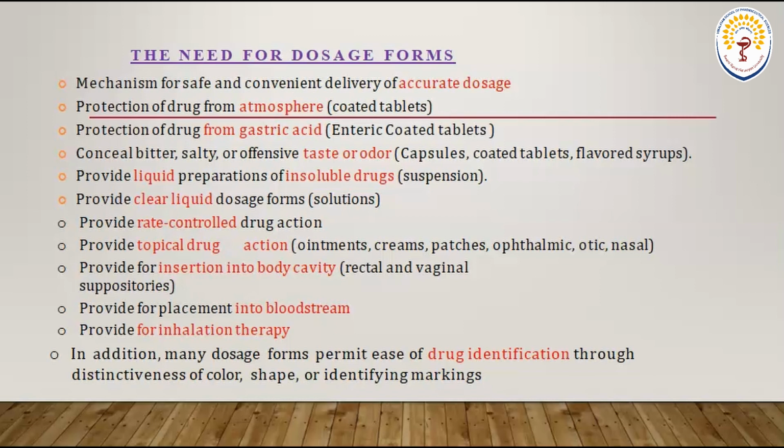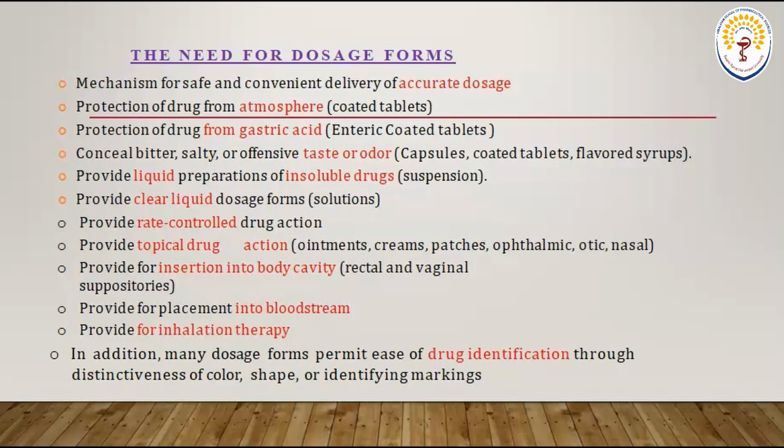Now the need for dosage form. At first, mechanism for safe and convenient delivery of accurate dose. By converting any drug into a suitable dosage form, we can give accurate dose to the patient according to their age and weight. Second, protection. Here, protection from atmosphere.